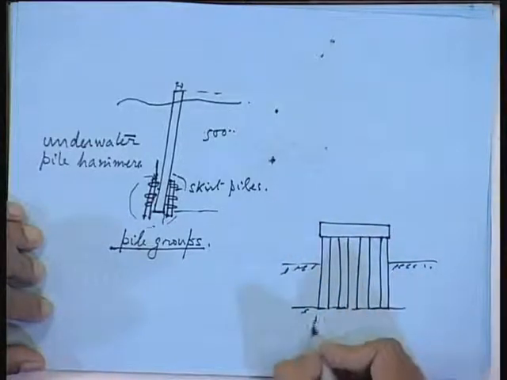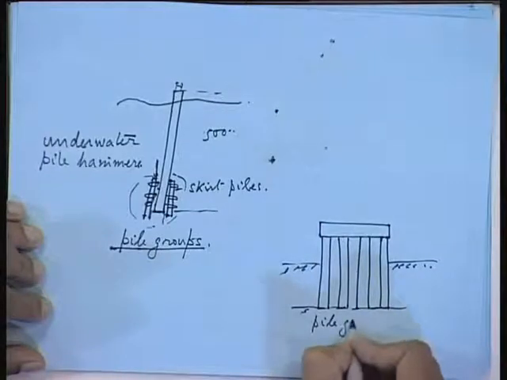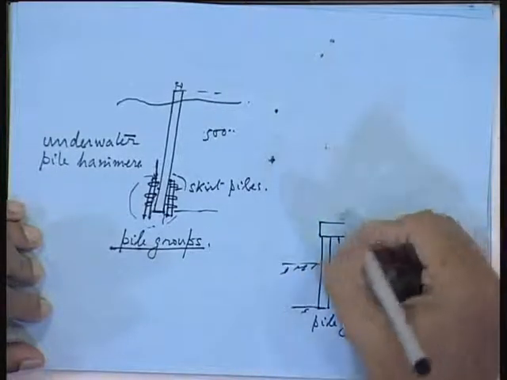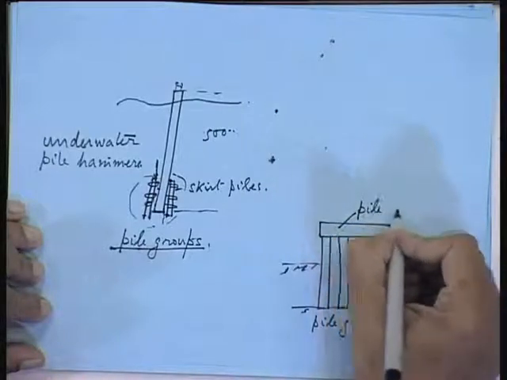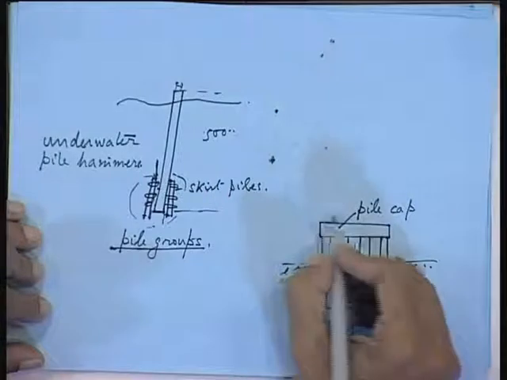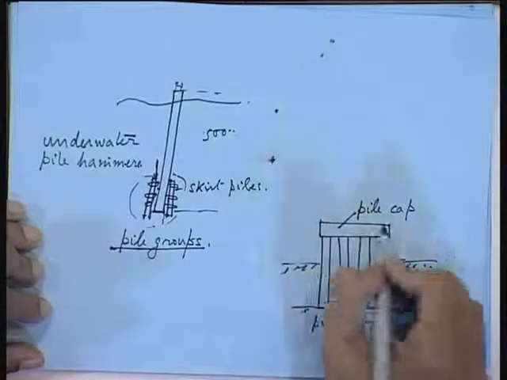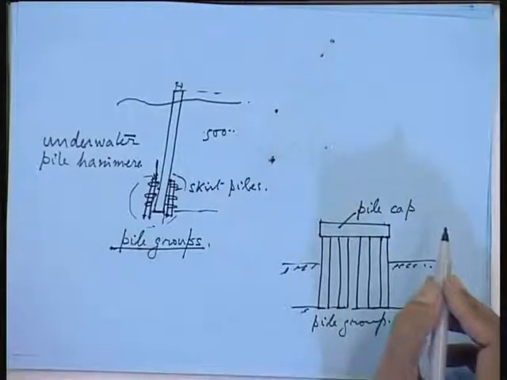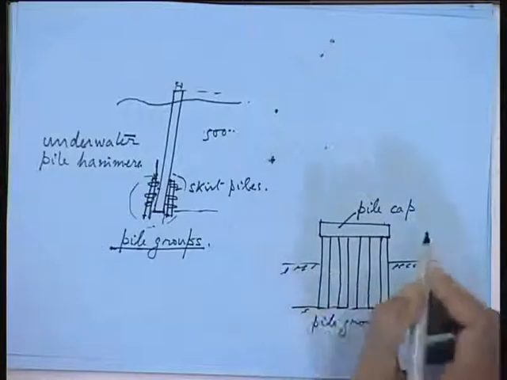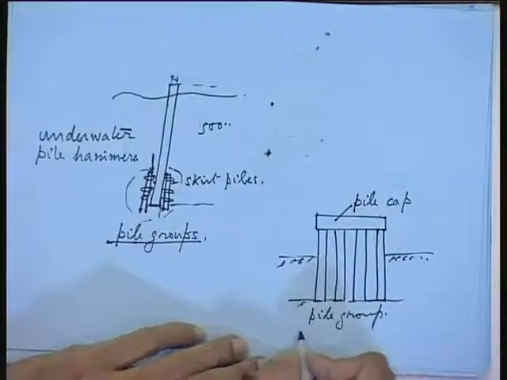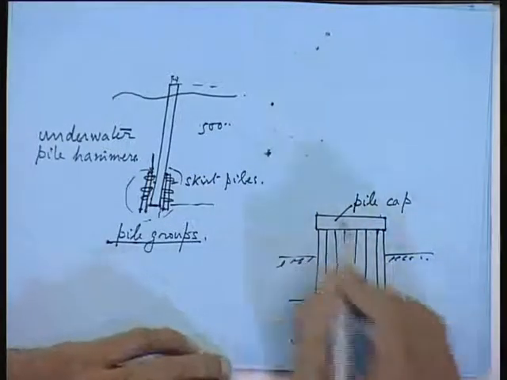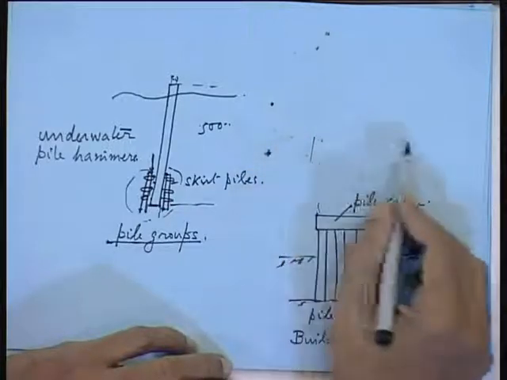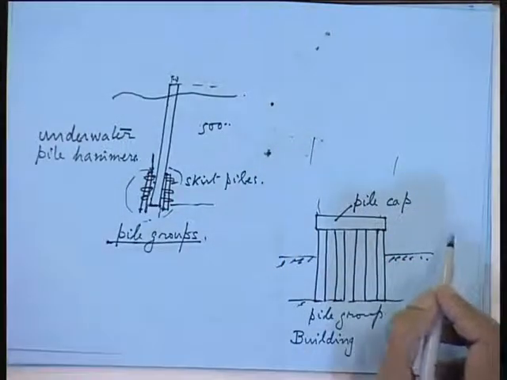So, this is a pile group, and at the head this is called the pile cap. Now, you build a structure on the pile cap, isn't it? This is the normal case for a building. A building pile foundation will have something like this, and all the structure will come above. So, you make a pile cap.